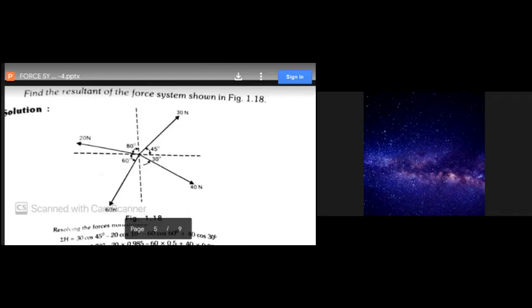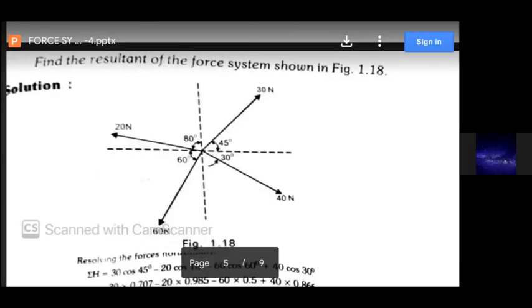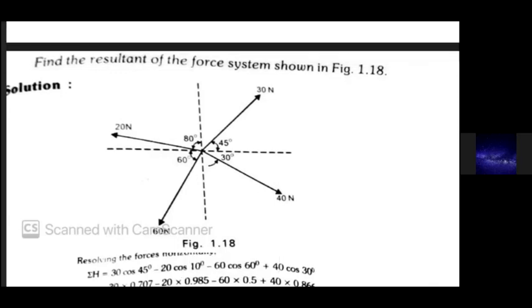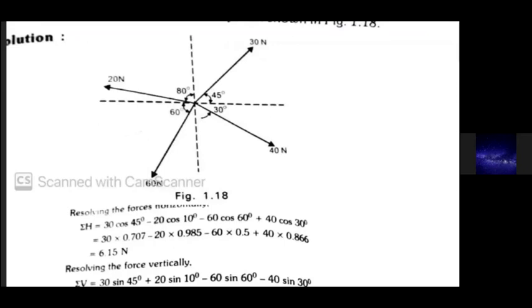The 20 newtons gives 20 cos 80 upward and 20 sin 80 towards the left. Next, resolving the 60, its horizontal component is 60 cos 60 towards the left, and 60 sin 60 downward. And the fourth one is 40 cos 30 towards the right, and 40 sin 30 towards the left. So first we have to resolve each and every force, and show the directions also.